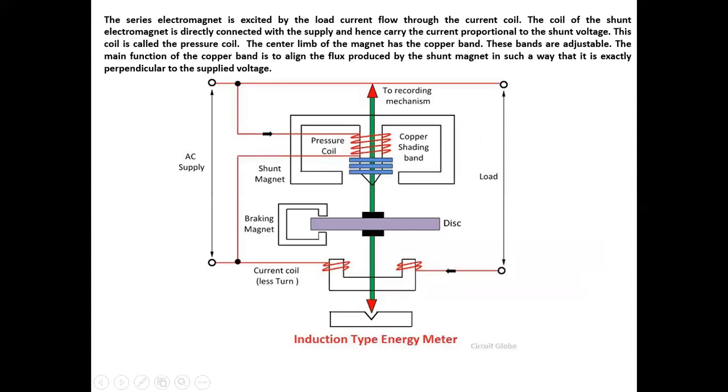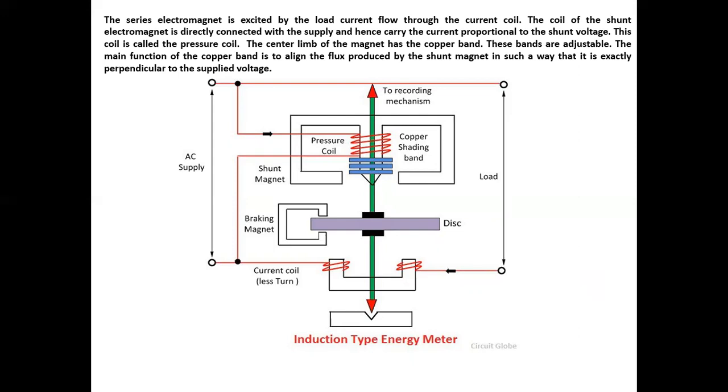The series electromagnet is excited by the load current flowing through the current coil. The coil of the shunt electromagnet is directly connected across the supply, hence it carries a current proportional to the supply voltage. This coil is called the pressure coil.